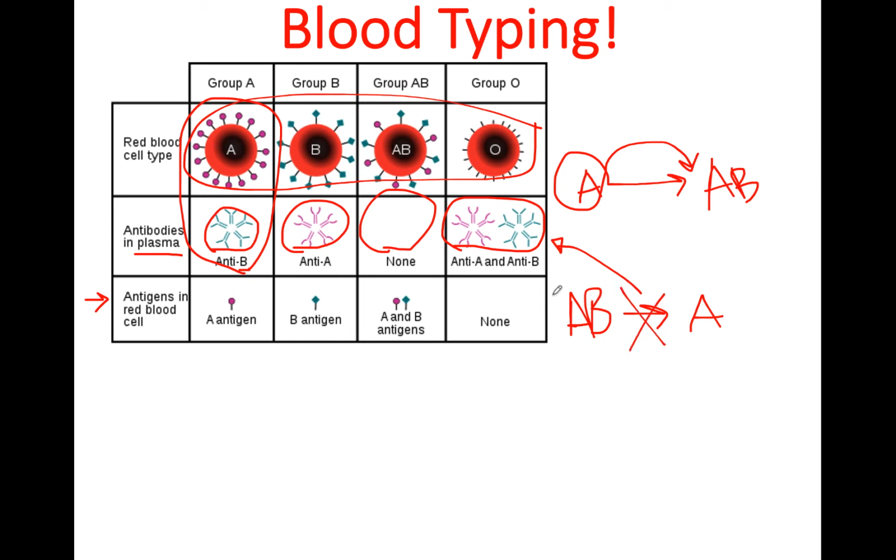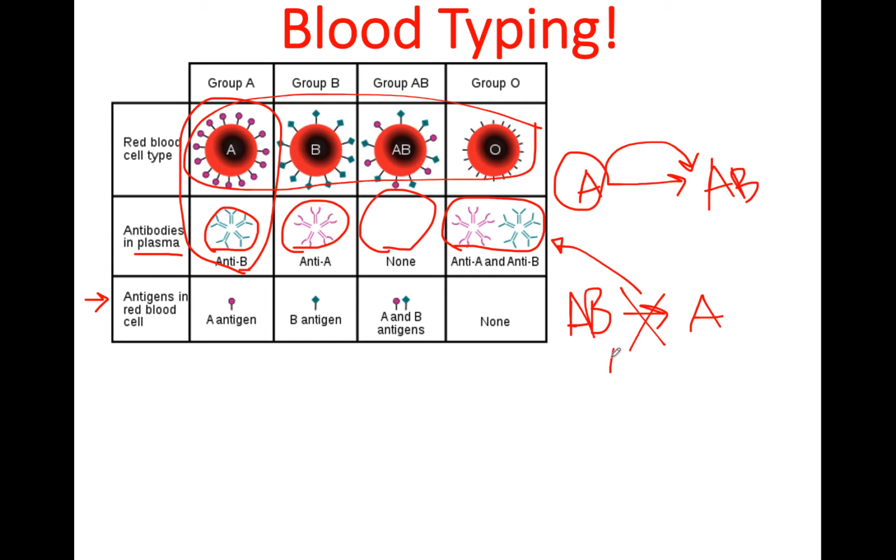Well, AB blood has A antigens and B antigens. You can only donate what's familiar to this person. And this person only has A antigens. This person only has A, they only want A. So if you donate the B, it's going to be an issue.